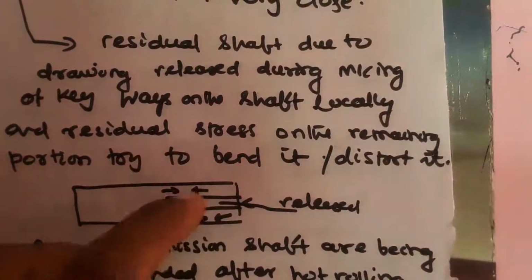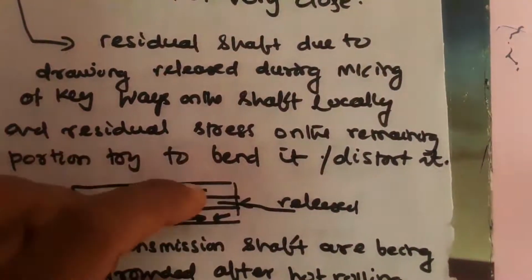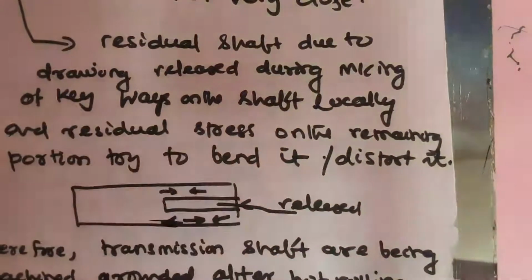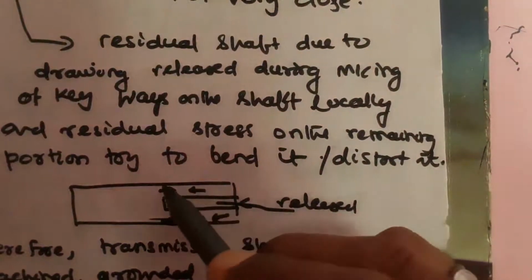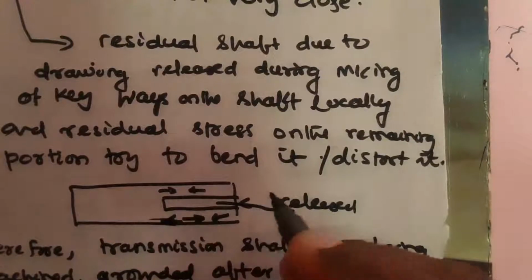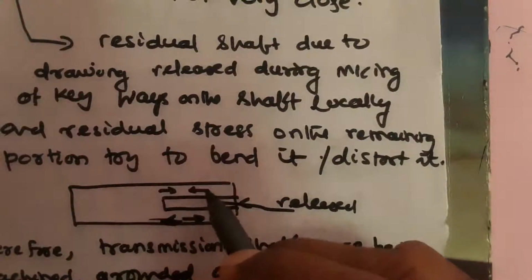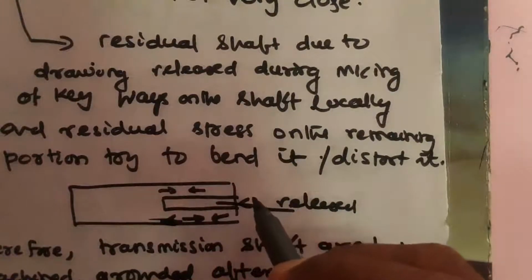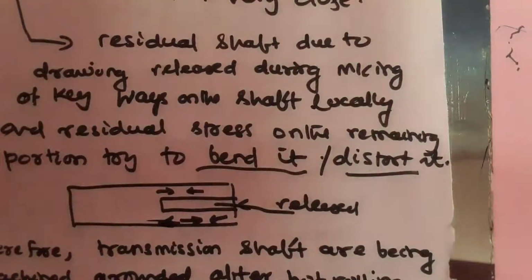Once the local stress is released, in the other places there will still be stress concentration. At the keyhole, the key wedge which is machined, there will be no stress, and so there will be an unbalanced stress region, and that will try to distort or bend it. So normally, all the shafts are initially hot rolled.